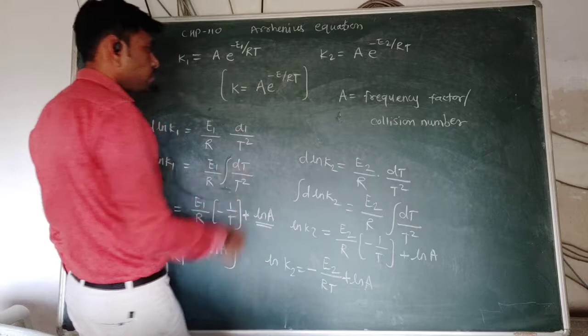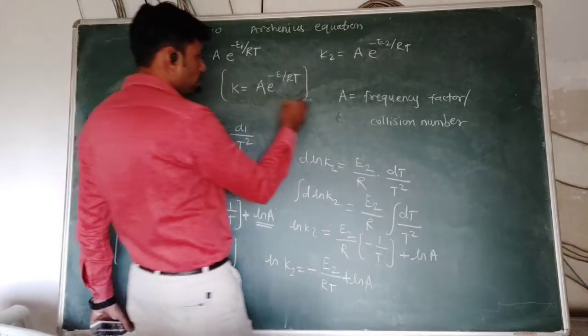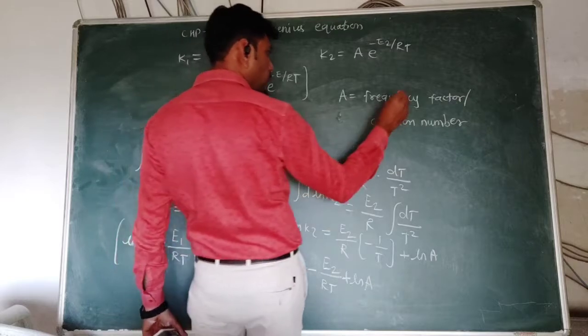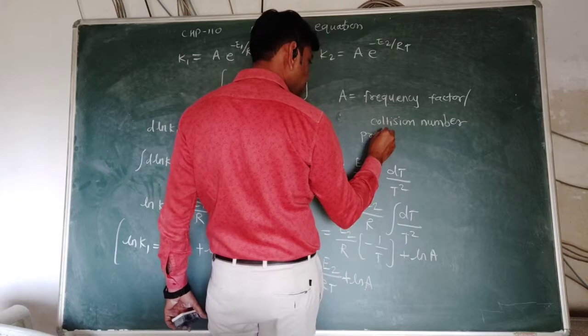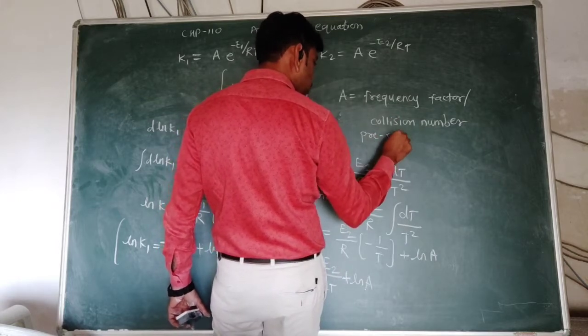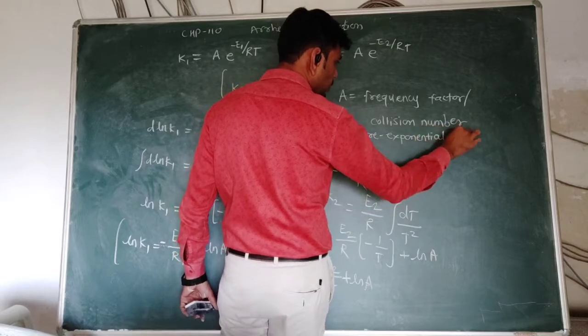This is another form of the Arrhenius equation. The Arrhenius equation is also written in this form. A is the frequency factor, or it may also be called the collision factor, or the pre-exponential factor.